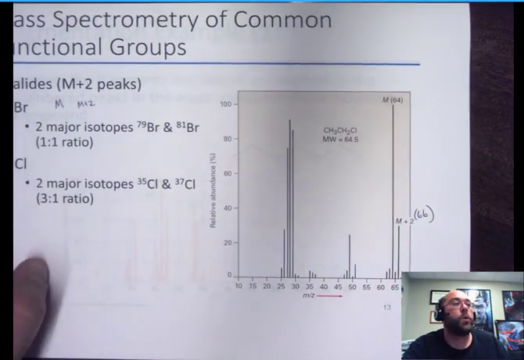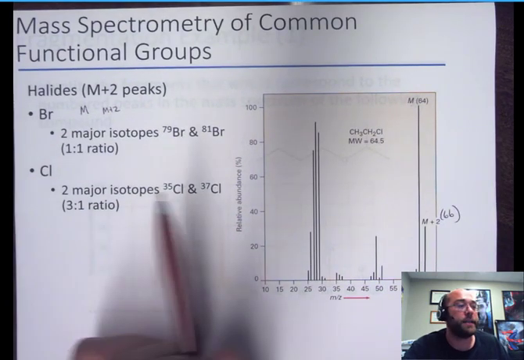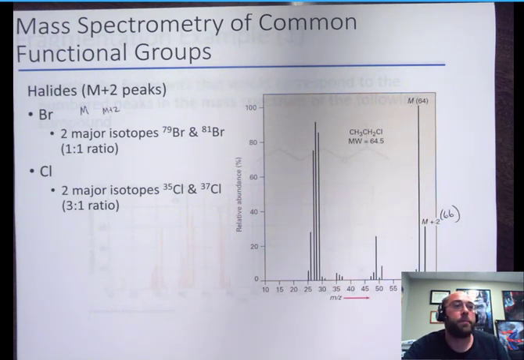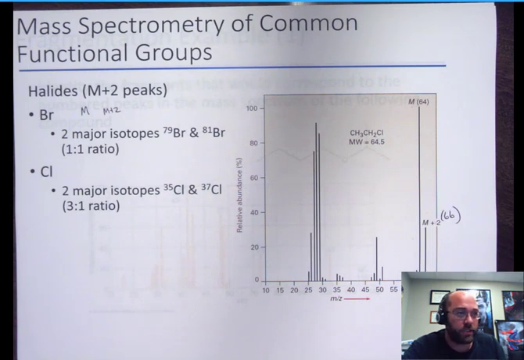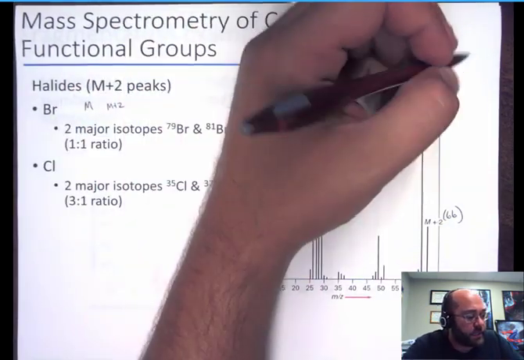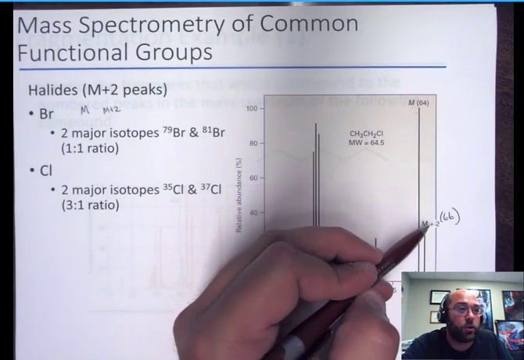One thing that will stand out whenever you have bromine or chlorine is having this M or M+2 set of peaks. The ratio, how tall the two peaks are relative to one another, is going to tell you which halide you have. In this case, this is chlorine because it is a 3-to-1 ratio. This peak is 3 times taller than this one.